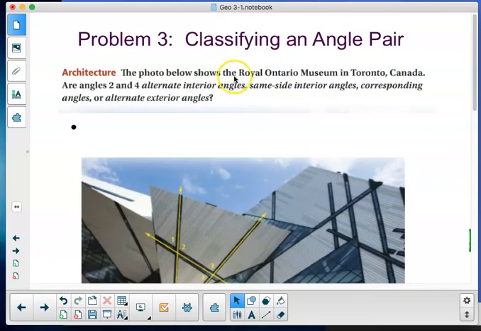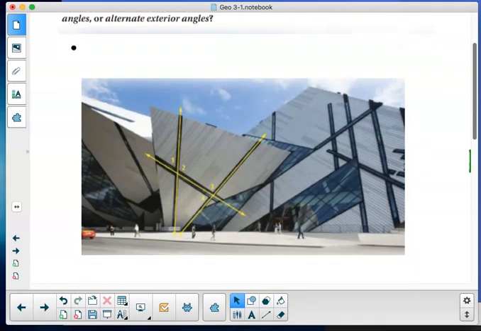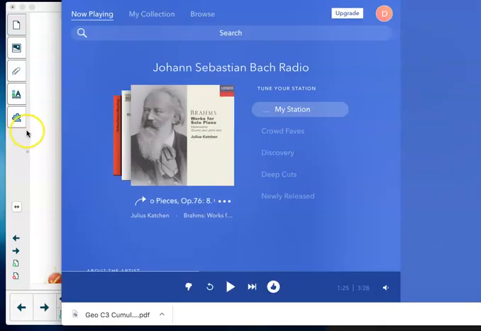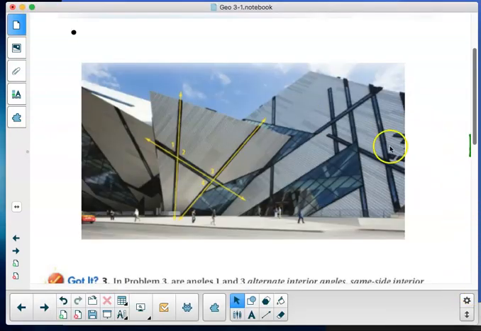Architecture. The photo below shows the Royal Ontario Museum in Toronto, Canada. Are angles 2 and 4 alternate interiors, same side interiors, corresponding angles, or alternate exteriors? Well, they want to know which ones they are.